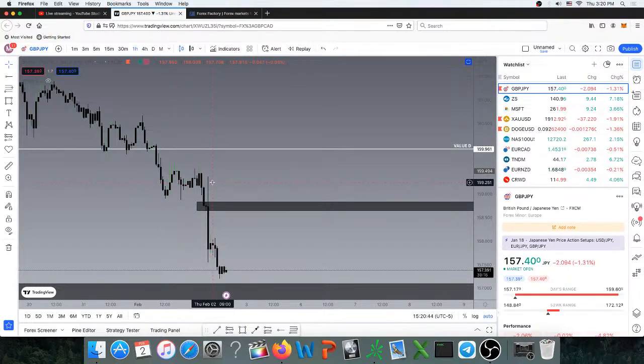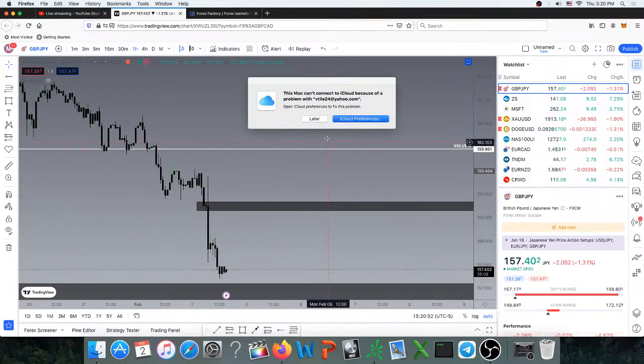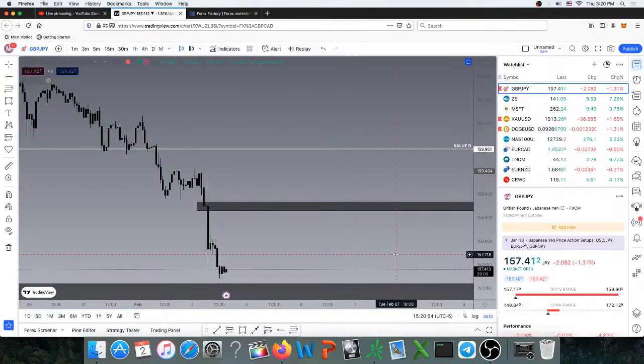You feel me? Caught this entry today, carried it down. Hasn't hit the next area yet. Actually, I'm still in my sell waiting for this area to hit.